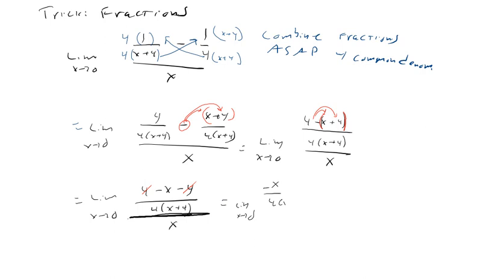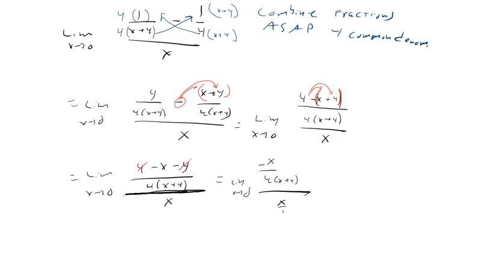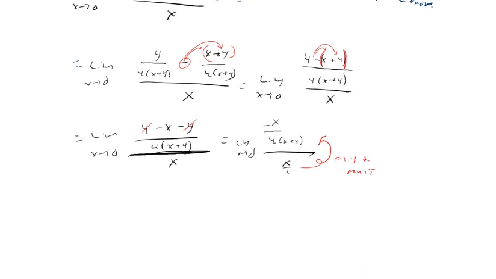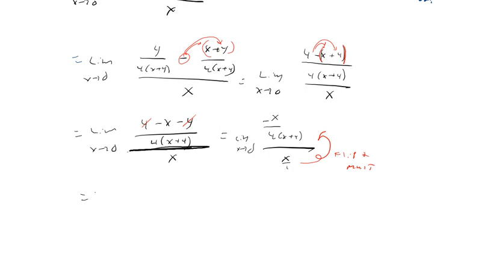I got a fraction and a fraction. This x is over 1 on the bottom, and now I have a much better approach. Instead of dealing with pluses and minuses, I have this fraction. This bottom fraction, I can take this x over 1, and I flip and multiply. Flip and multiply. And I cancel out that fraction stuff, so again, let's take a look here. Limit, as x approaches 0, of negative x over 4 times x plus 4, times 1 over x, and now my x's are going to cancel out.